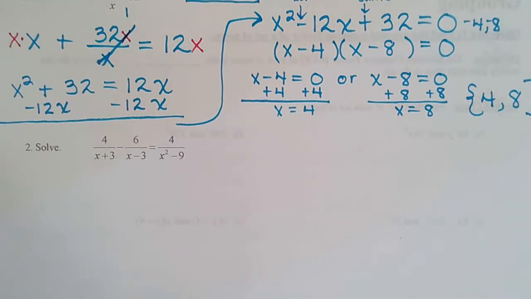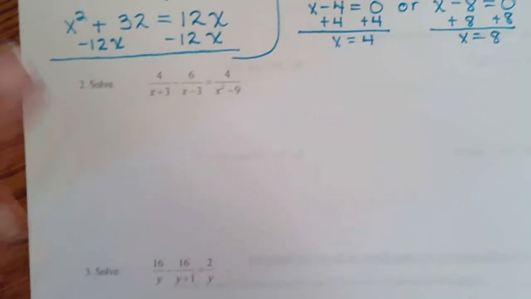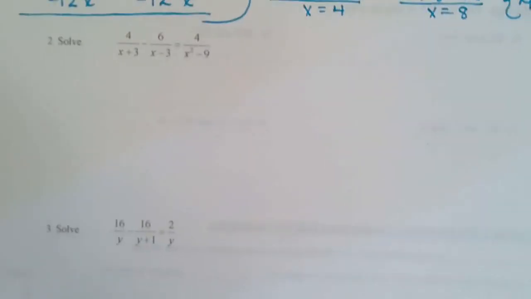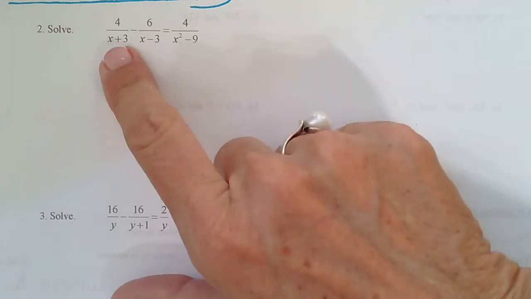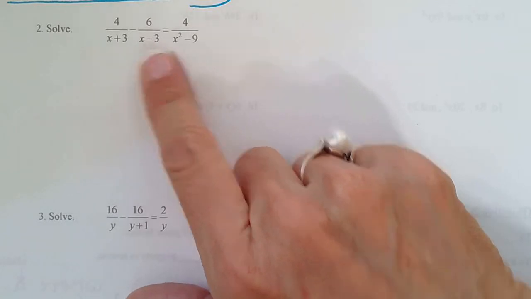Okay, so let's carry on. Let's try number 2. So for number 2, we have 3 denominators. This one can't be factored, this one can't be factored, but this one can. So as we go to write it, we need to make sure and factor that.